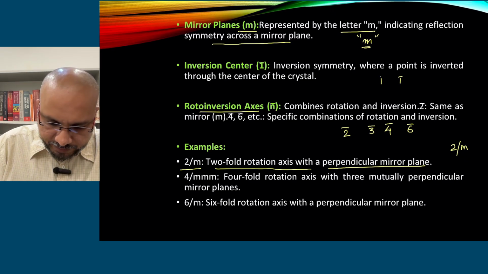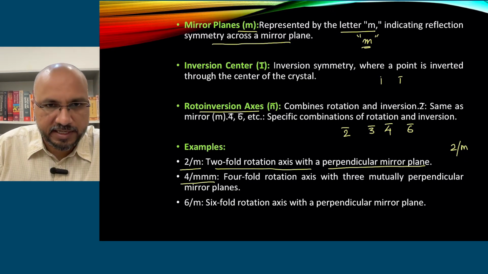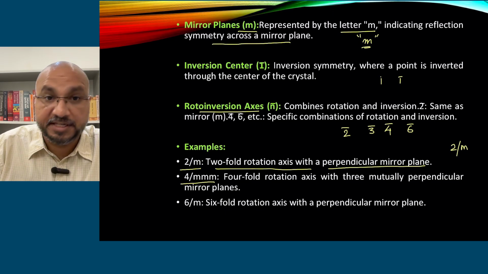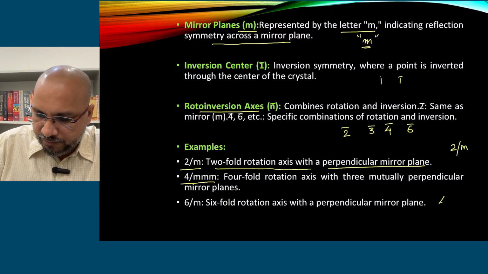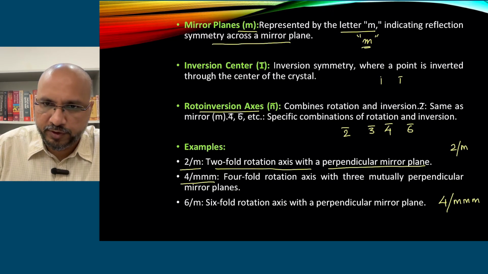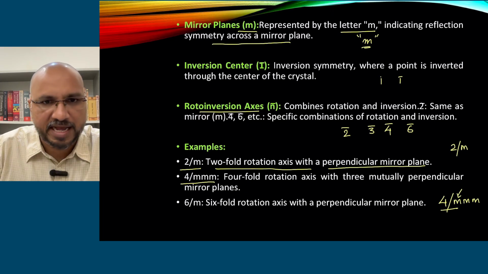Then if you have 4 slash mmm, it has one four-fold rotation axis and 3 mirror planes, and one of the mirror planes is perpendicular to the four-fold rotation axis, so you write 4 slash m. The other two are not perpendicular, so they are represented just as mm.